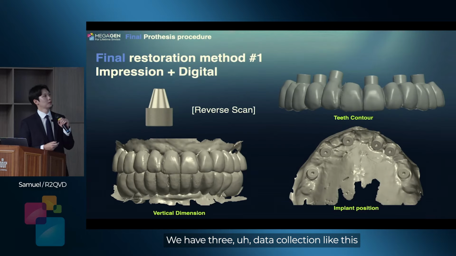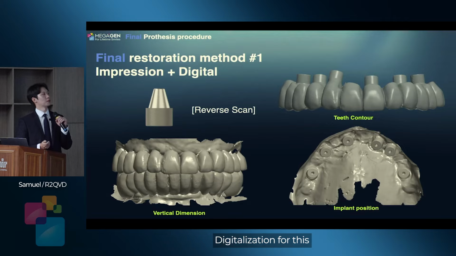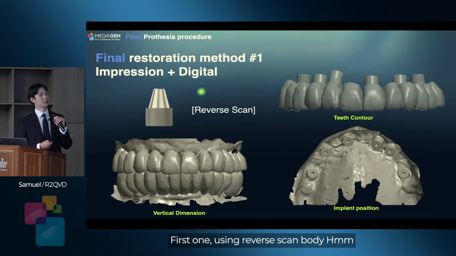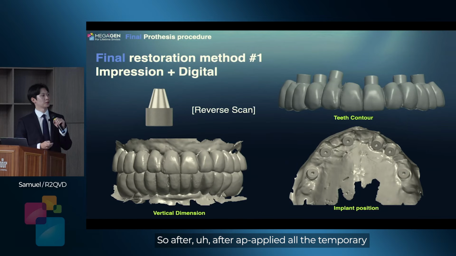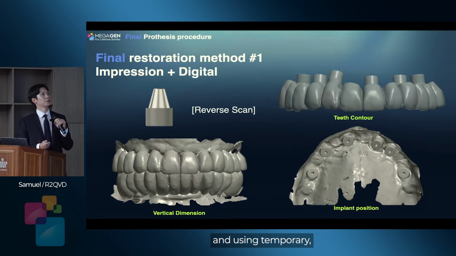We have a 3 data collection like this, digitalization for this. First one, using reverse Gambardi. Maybe you already know how it works, right? So after applying all the temporary, using the temporary, we just do screw tightening with the reverse Gambardi and take a pick-up impression.